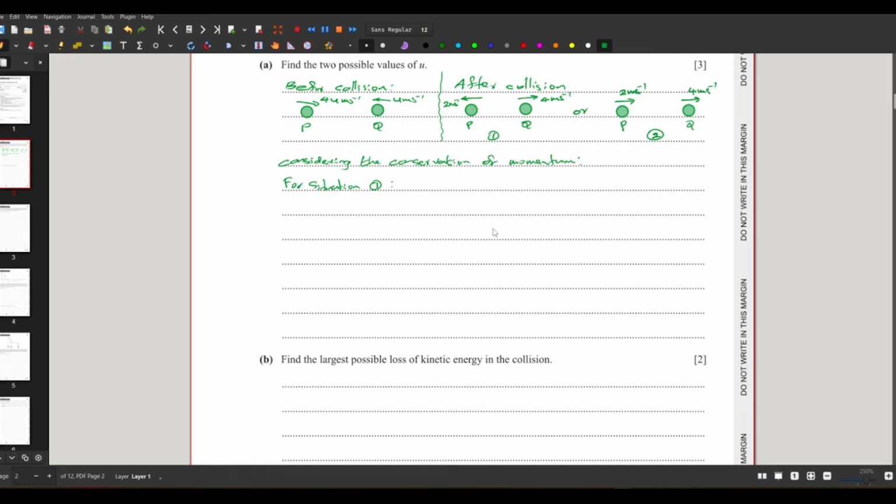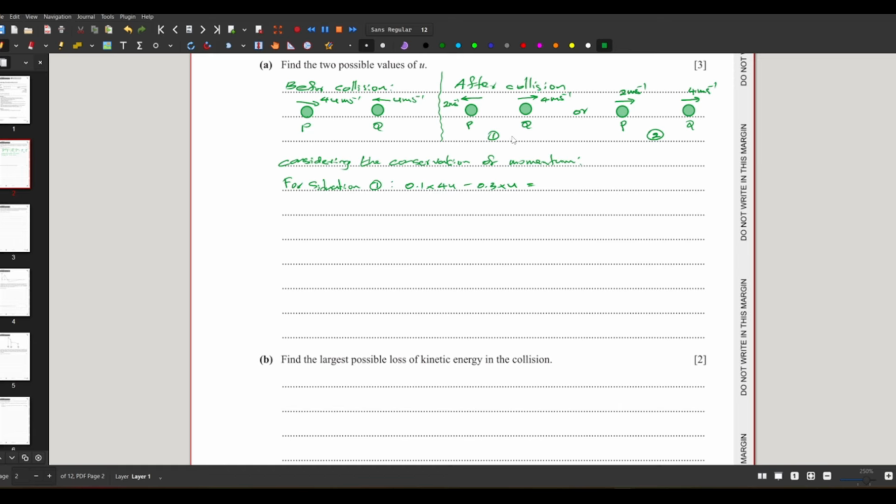We can take the momentum of P: the mass is 0.1 times velocity 4u, and the momentum of Q is in the opposite direction, so the mass is 0.3 times u, equals the momentum after. We are considering situation one here.